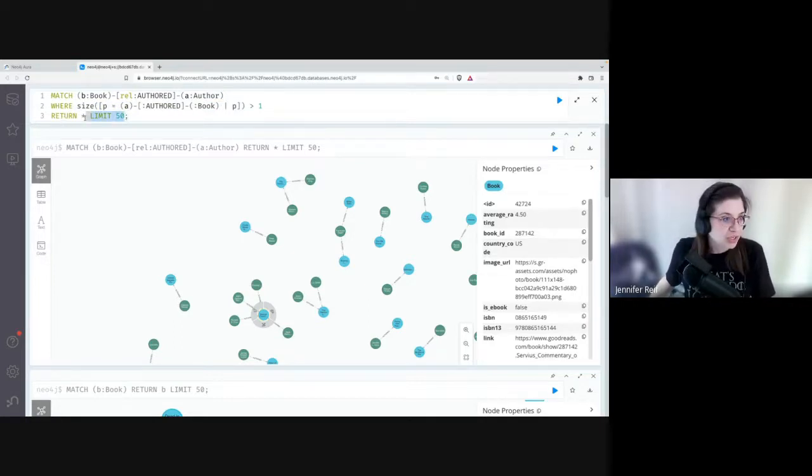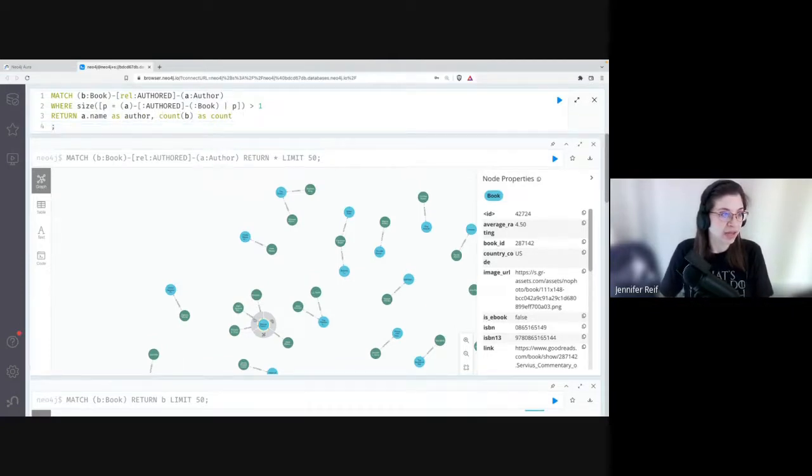Actually, let's tweak this a little bit. Let's return the author's name, and let's return the count of books that they have. And we're going to call this count. Let me specify as author, count, and then let's order by count in descending order.